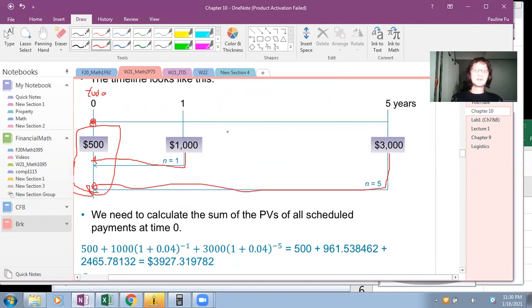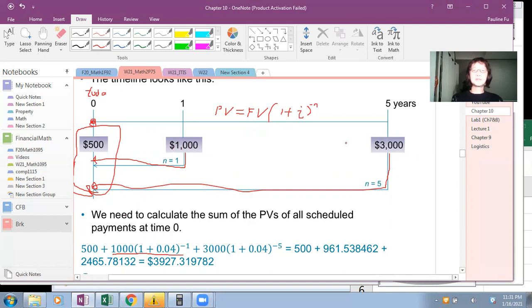You just use the formula, PV equal to FV times (1 plus I) raised to power negative N. What is the present dollar for 1,000? It is this amount. I is 4% or 0.04.